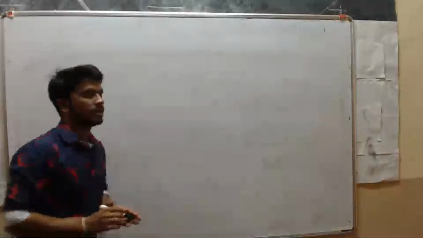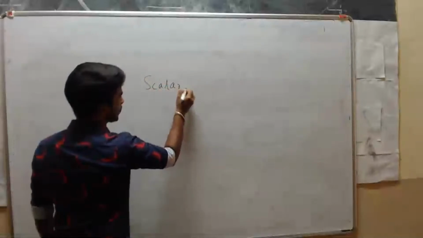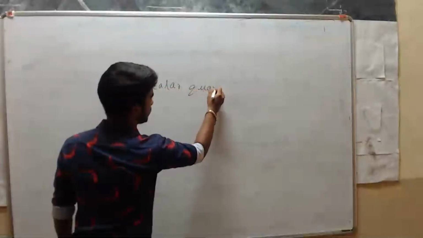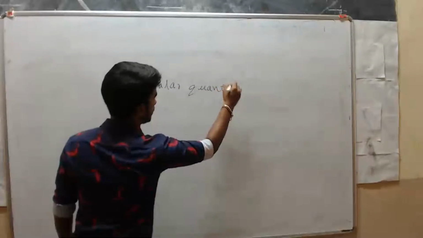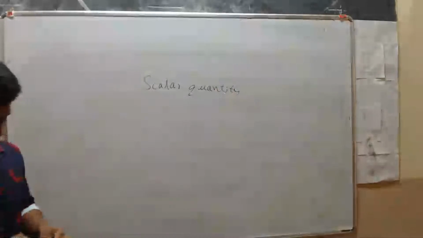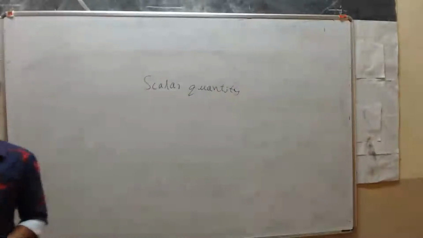Okay. Before that, I have not explained scalar quantity and vector quantity. So first I will explain scalar quantity. See, scalar quantity means it has only magnitude. Magnitude means what?